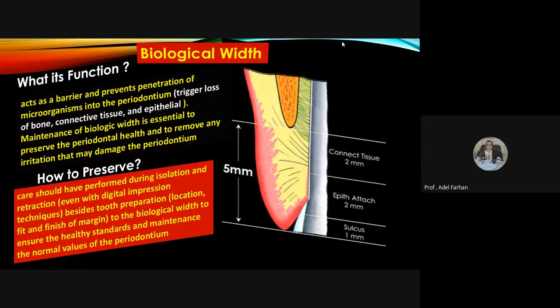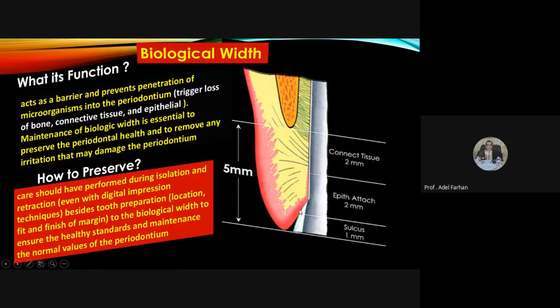So care should be taken during isolation and extraction or during preparation to preserve this biological width and to ensure the healthy standard and maintenance of the normal value of the periodontium. When we work at the gingival margin during our preparation, you should be careful that the bur does not go deeply inside the sulcus and affect the width of the attached gingiva, so that it will affect the biological width.